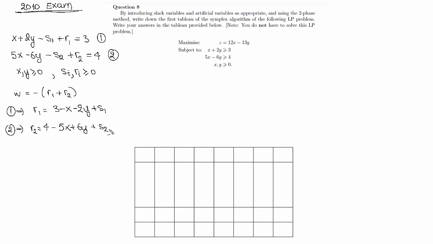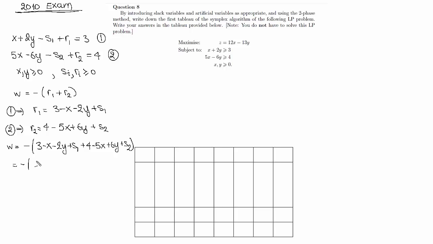So now we can input r1 and r2 in the objective function w and have it expressed with basic variables. So w will be minus r1, which is 3 minus x minus 2y plus s1, and r2, which is plus 4 minus 5x plus 6y plus s2. And now we do some calculations in between and simplify this.